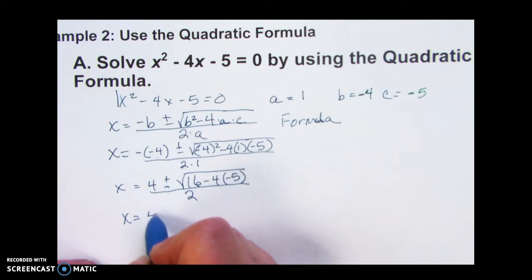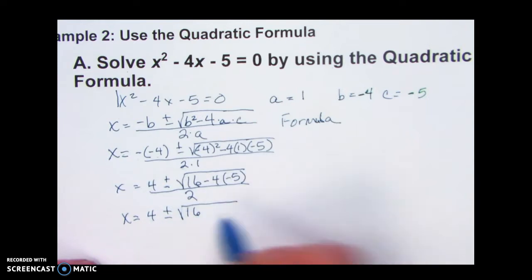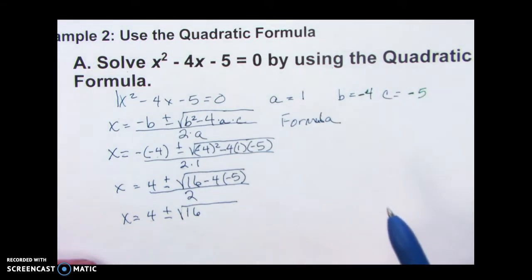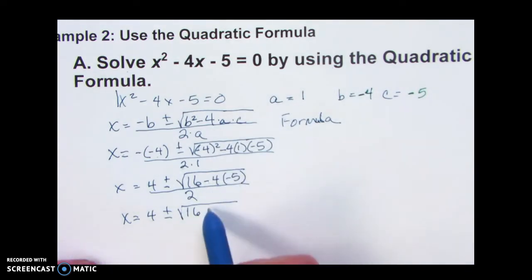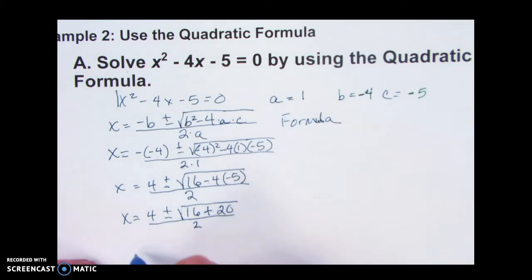x equals 4 plus or minus the square root of 16. What is negative 4 times negative 5? Okay, so first of all, what we want to notice is we've got a negative and a negative. Immediately we're going to put positive. And then 4 times 5, 20, divided by 2. Next line down, x equals 4 plus or minus.